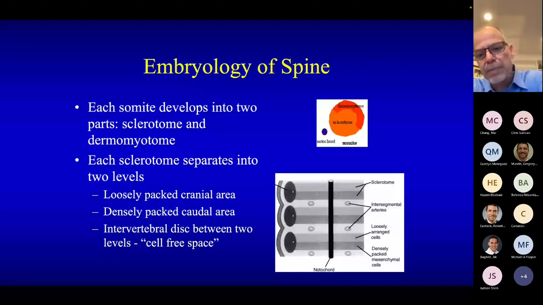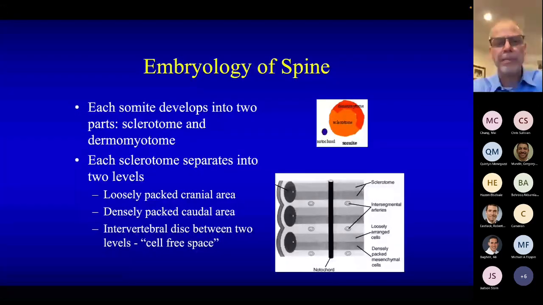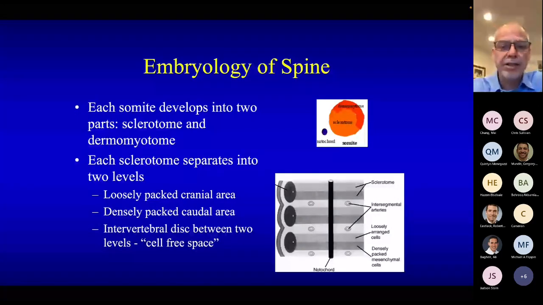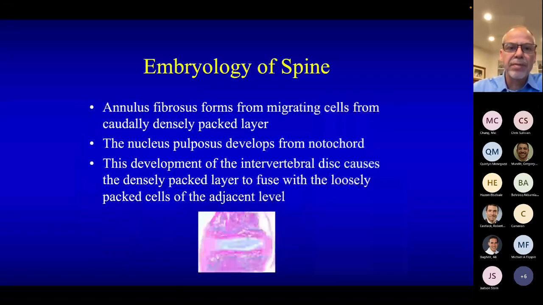Why that's important is because the embryology of the spine is very segmental, and you can see that the sclerotomes divide into the vertebral bodies, but then the dermatomes follow the same segmental pattern, and that's why you get dermal distribution of sensory and so forth.